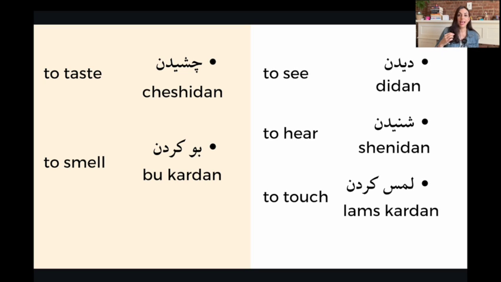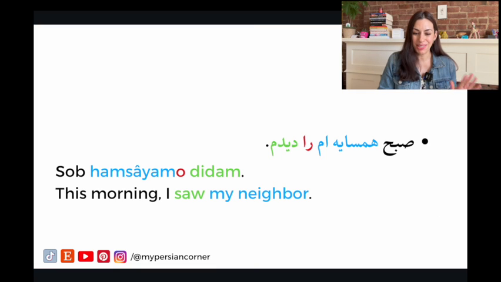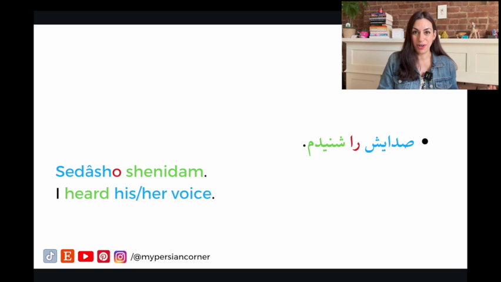And بو کردن, to smell. So let's look at some examples here. صبح همسایه‌مو دیدم. So دیدم, I saw my neighbor. صداشو شنیدم. شنیدم, I heard.